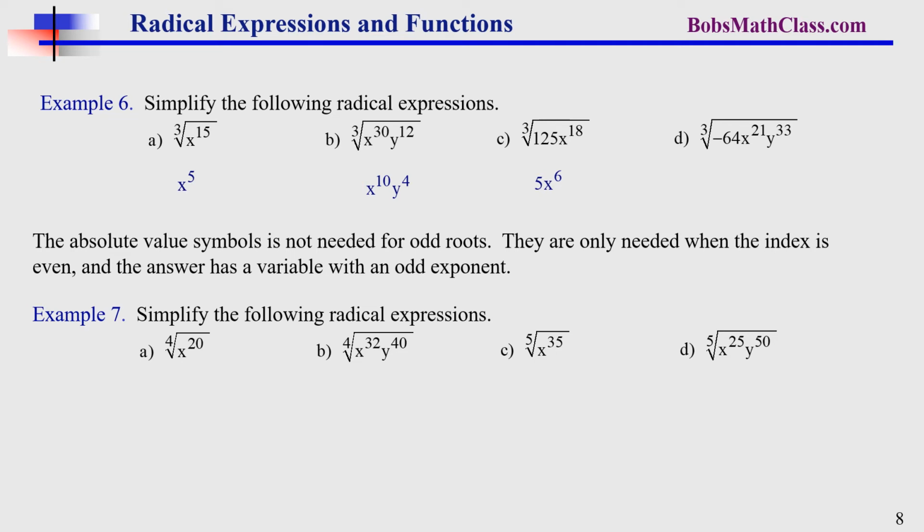And then divide the index into each of the exponents inside the radicand. So 3 goes into 21 7 times, and 3 goes into 33 11 times. So negative 4 x to the 7, y to the 11. 7, 11. Yep.